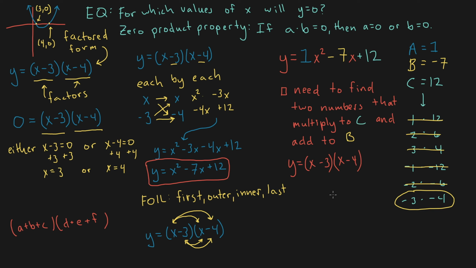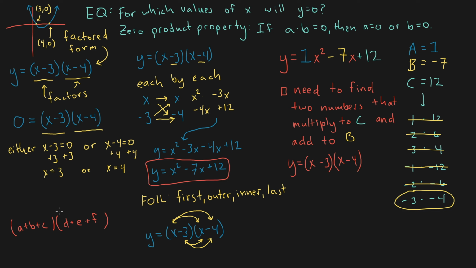So now we have the equation in factored form, and this is what we started with over on the left-hand side here. So we've gone from factored form, and we distributed using each by each and FOIL to get to our standard form, and then we factor that standard form back out into our factored form here. And if I hadn't started from here, then I would multiply this back out again into standard form and just make sure that I had factored this correctly, just to check my work.